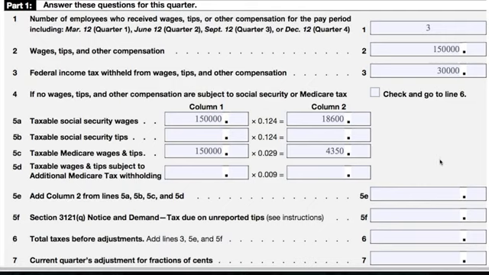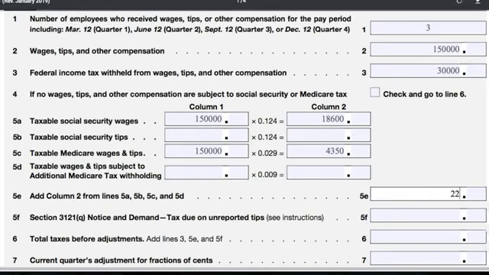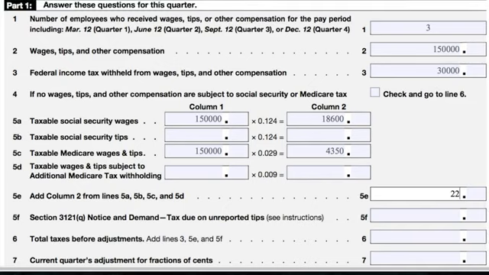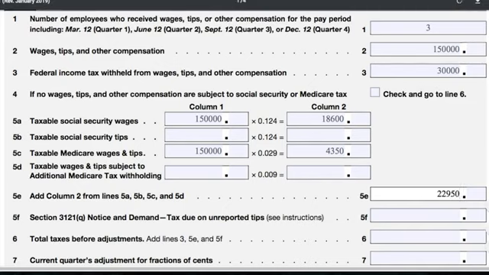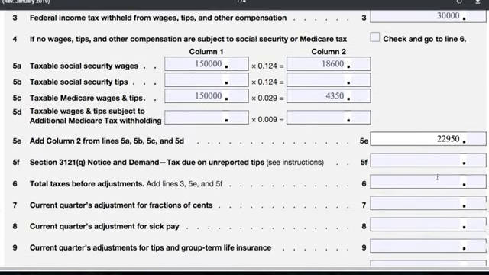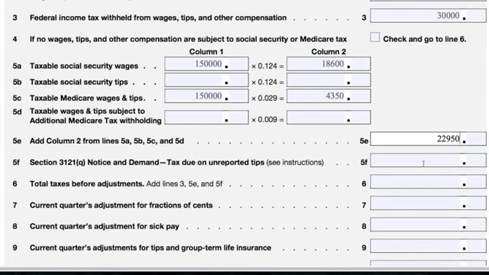Okay, and now I add up everything in column 2 and put it down in box 5E. That equals $22,950.